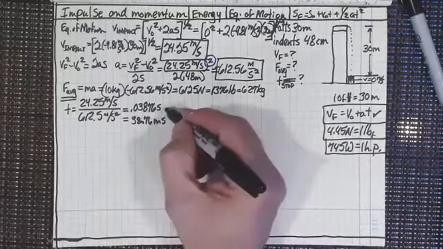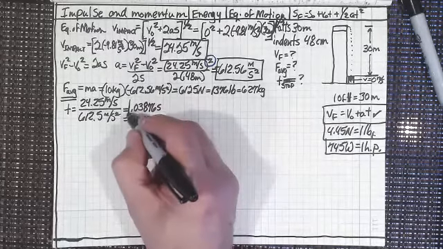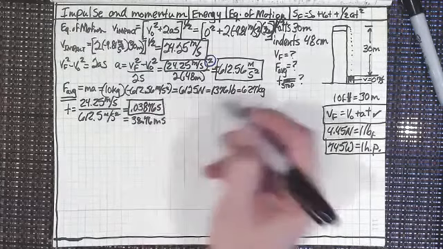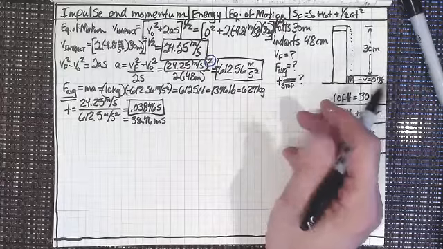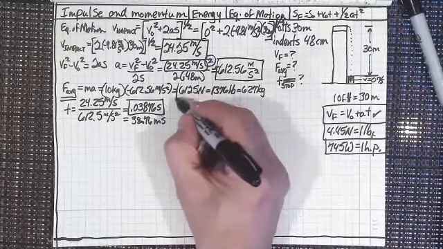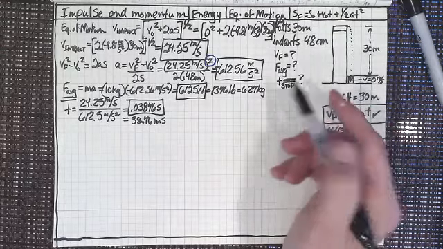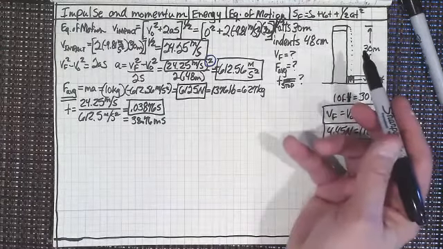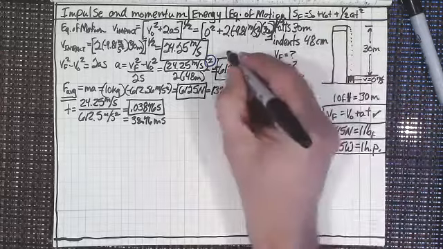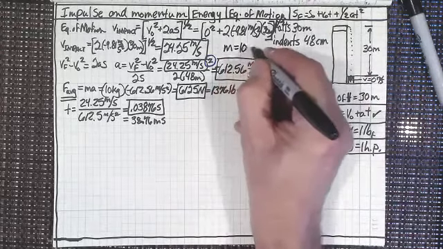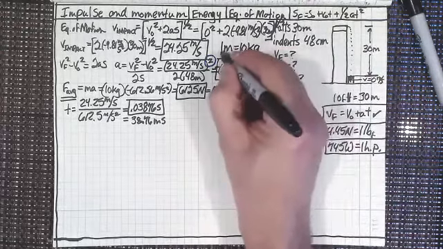Now, we've got a lot of information, don't we? We've got the time that it's going to take to stop. We know what the average force is. We know what the mass of the thing is. I should write that someplace. Mass is 10 kilograms. Of course, we've been using that for quite a while.